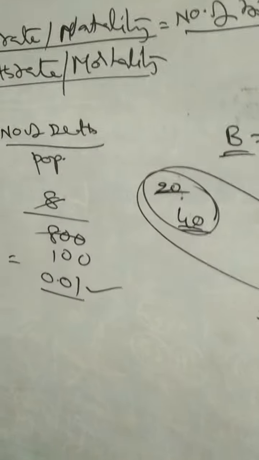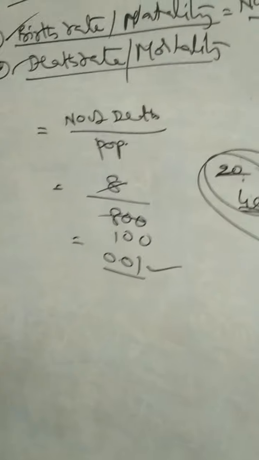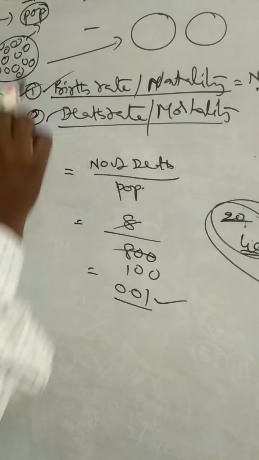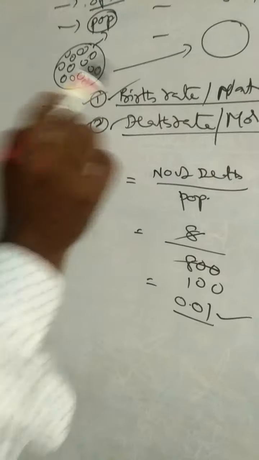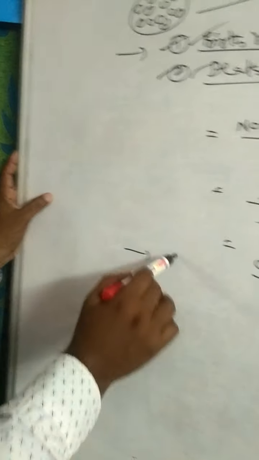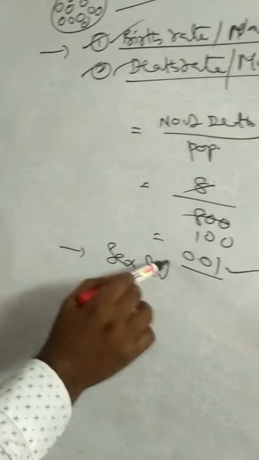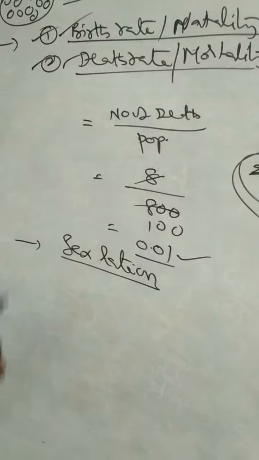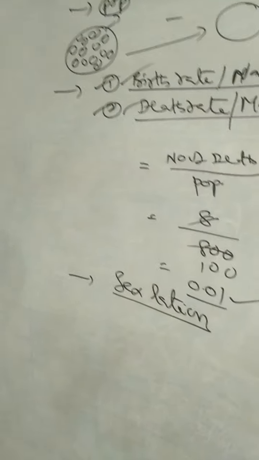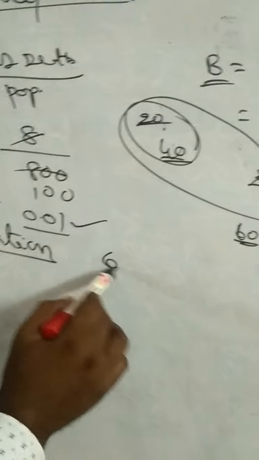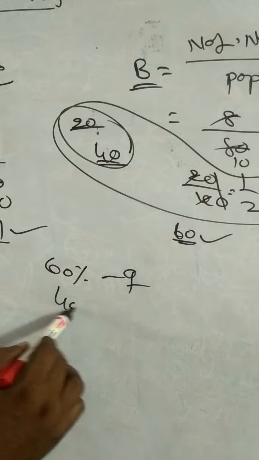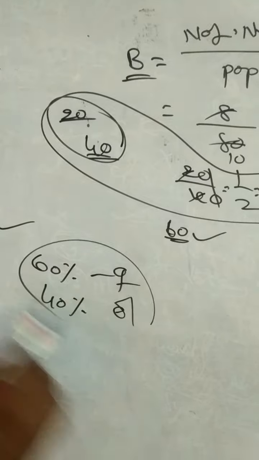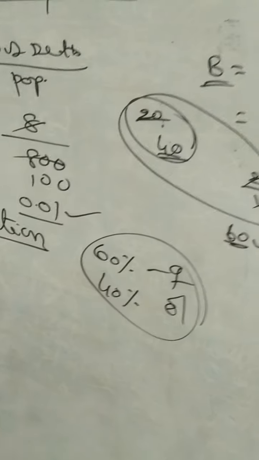In general, in normal conditions, death rate is greater than birth rate. And coming to sex ratio, it is a type of attribute in a population. In general, 60% females and 40% males are present. That is about sex ratio.